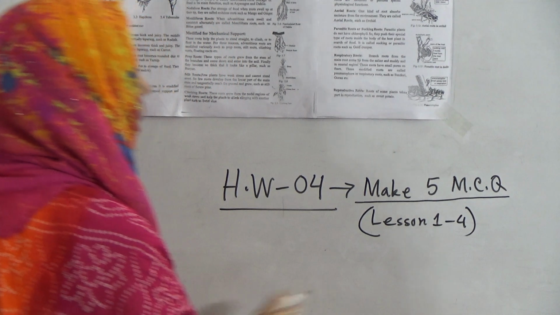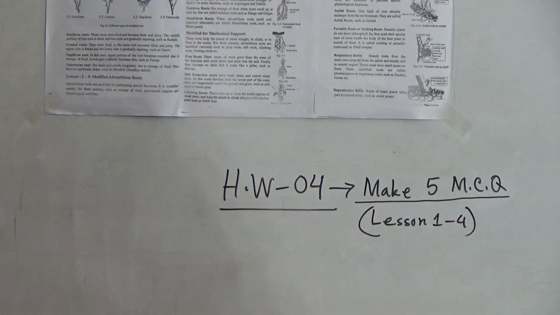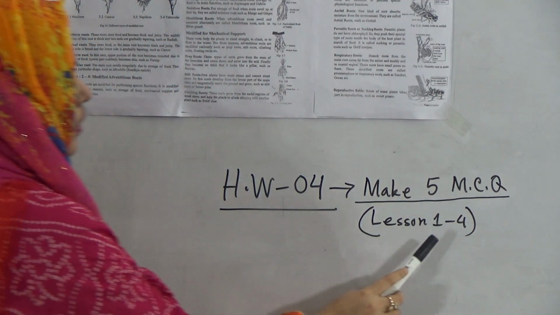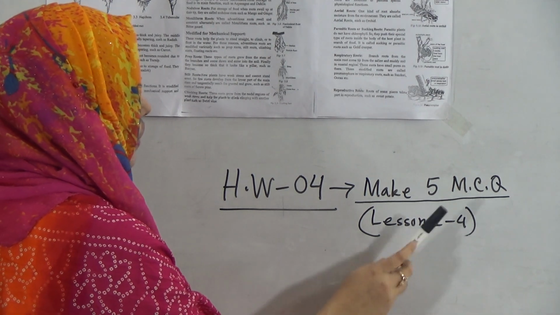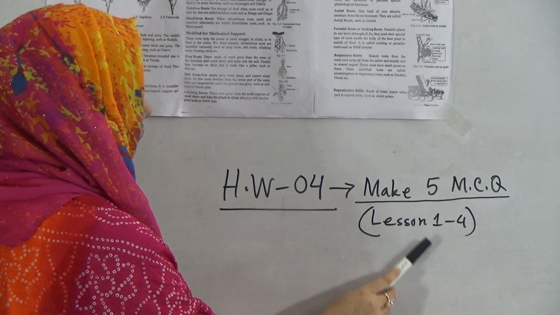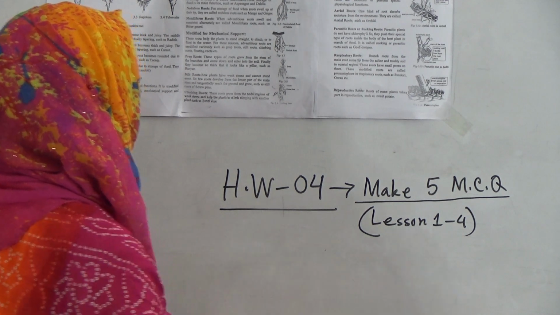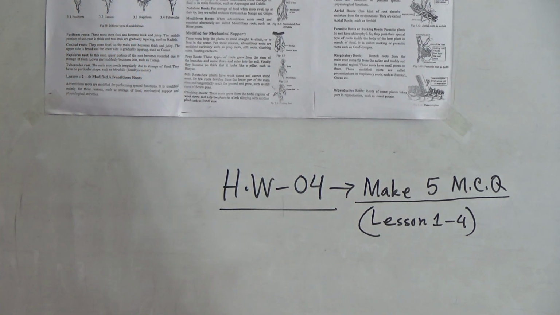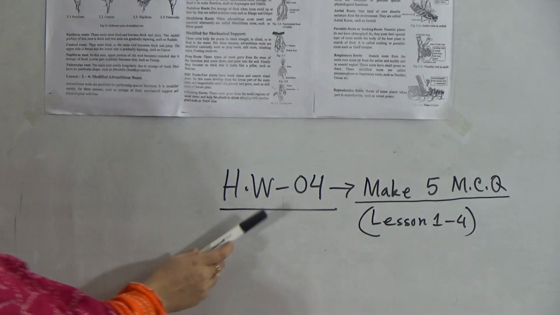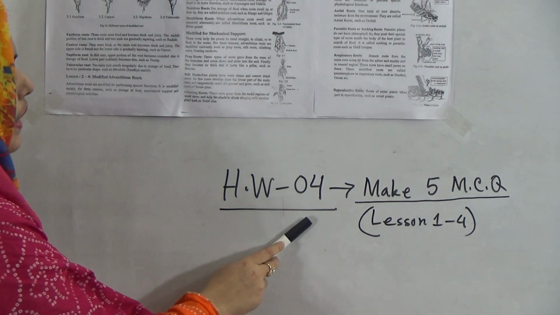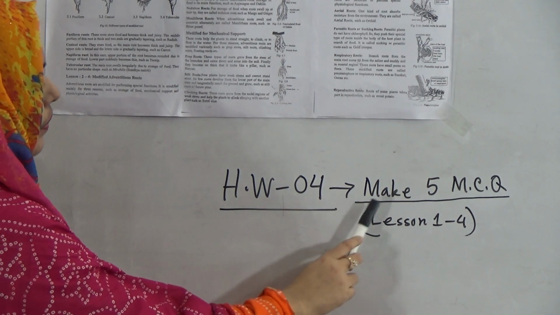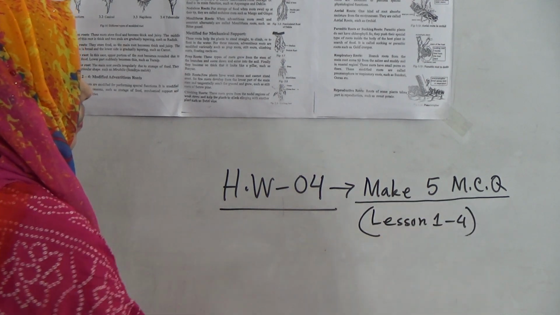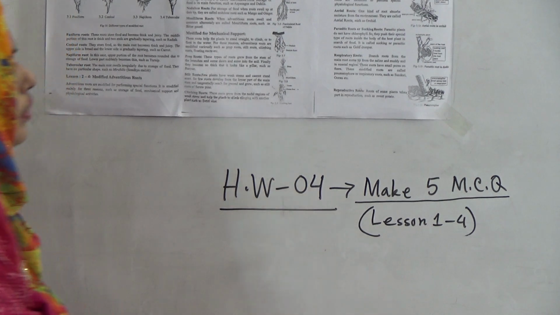You will make 5 MCQ based on lesson 1 to 4 and you will make 5 MCQ with 4 options and answers. I am repeating your SW, your HW number is 4 number HW and your HW is make 5 MCQ based on lesson 1 to 4.